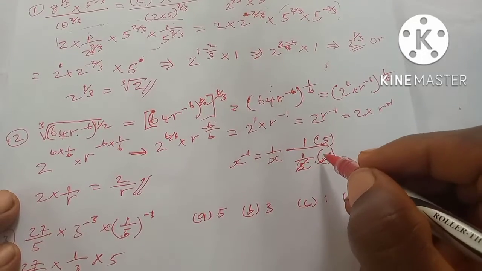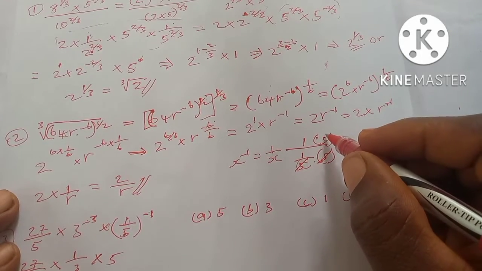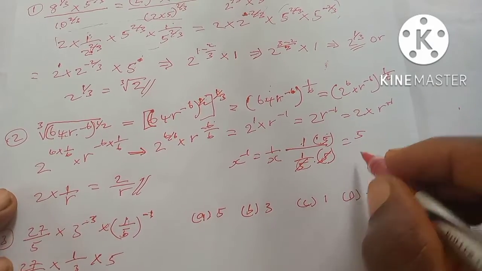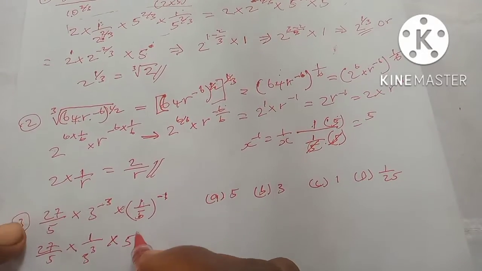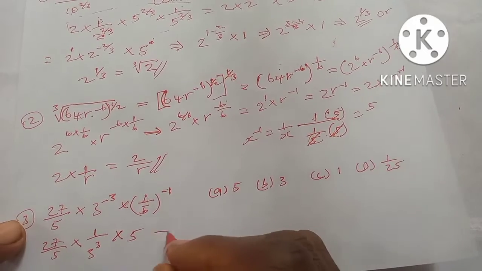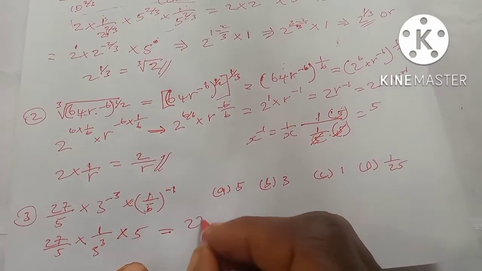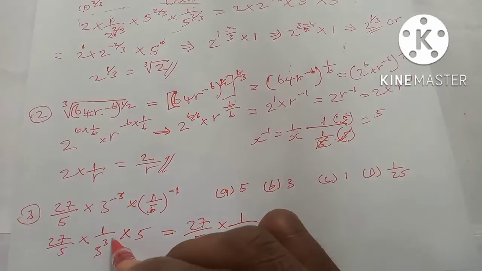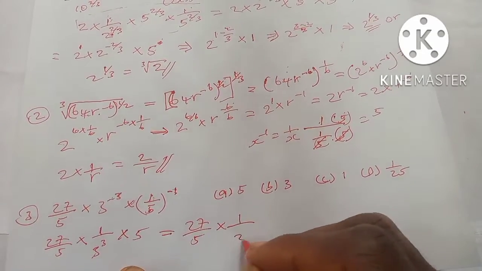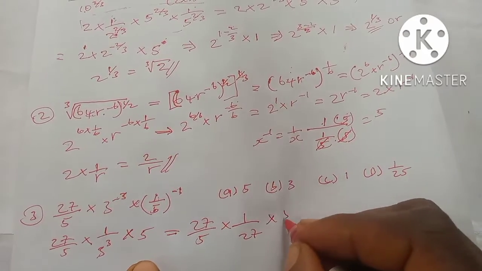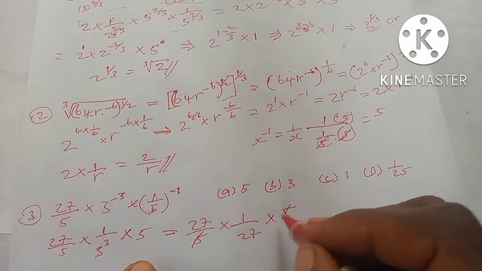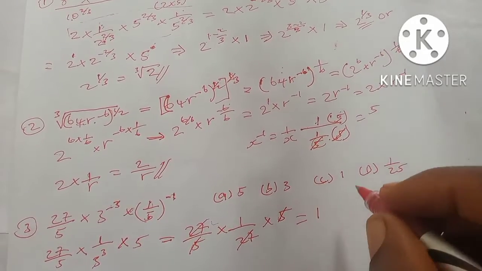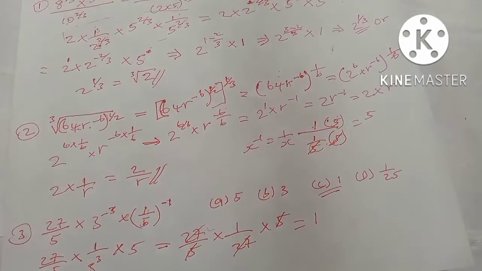So 5 multiplied by 1 is 1, and then 5 multiplied by 1 over 5 simply equals 5. So that's the reason. And this is equal to 27 over 5 multiplied by 1 over, remember 3 raised to the power 3 is equal to 27, then multiplied by 5, and then let's cancel this 5, cancel, and then cancel. We have 1 as the answer, so this is the correct answer.